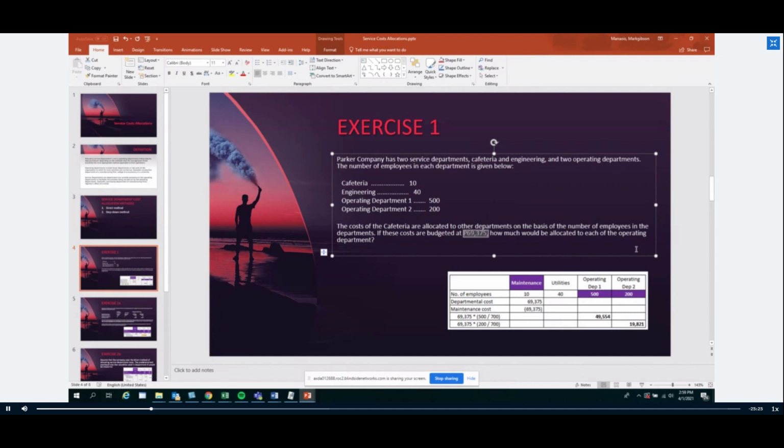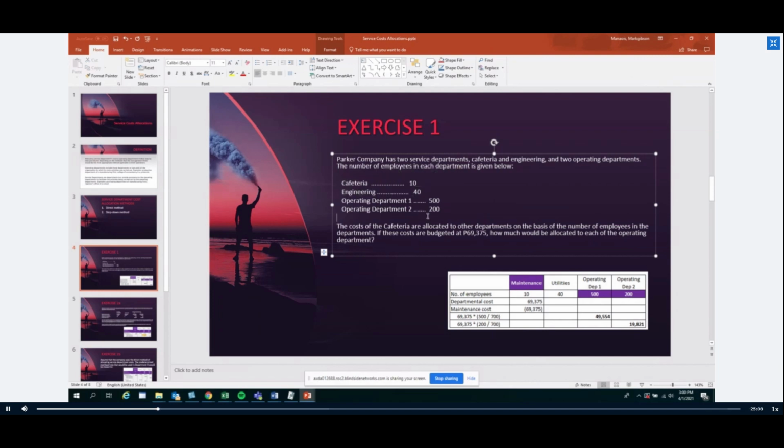Class, when we say direct method, the cost of the service departments, so in this problem, the service departments are the cafeteria and engineering.